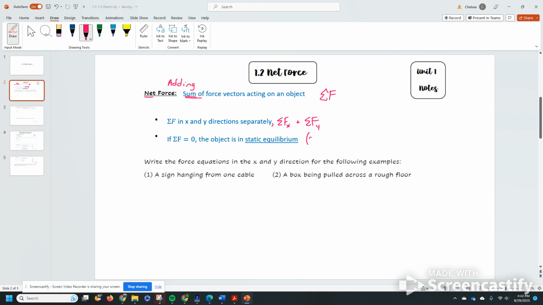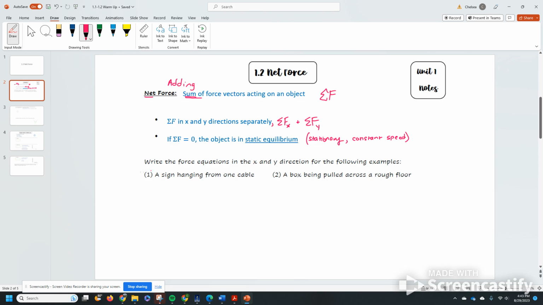This could mean that the object is stationary, so it's not moving at all. Probably whatever you're watching this on right now is in static equilibrium, or it could be something moving at a constant speed. Something that's not speeding up or slowing down can also be in static equilibrium.